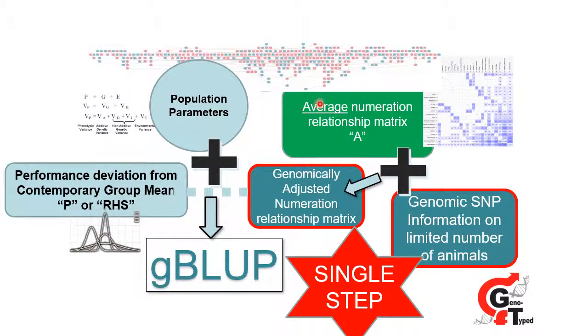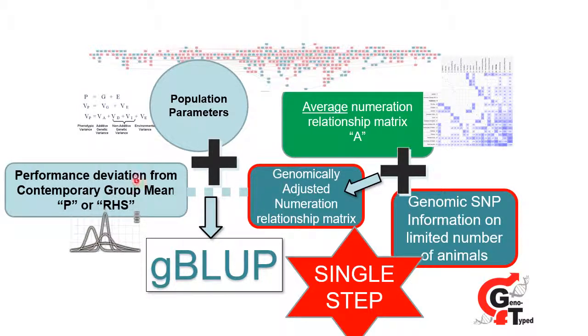But now part of your A matrix will be the average numerator relationship matrix as we have constructed it previously, but we will also, for those animals with SNP information where the genomic information is known, combine that with your A matrix, and you end up with a genomically adjusted numerator relationship matrix.